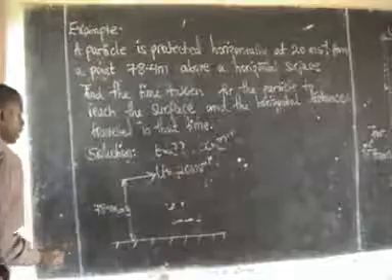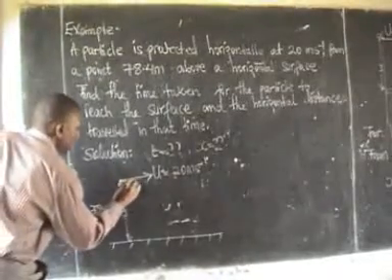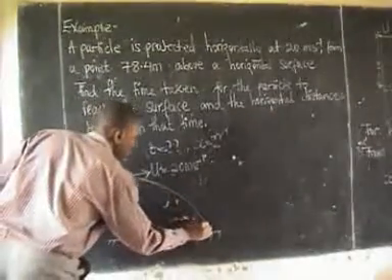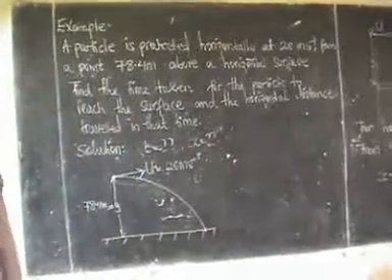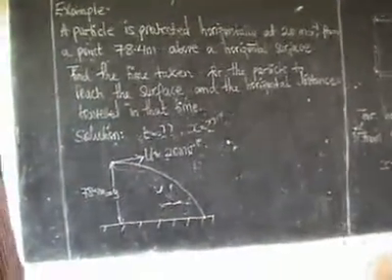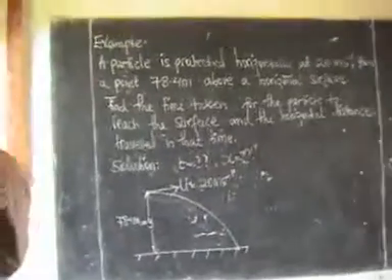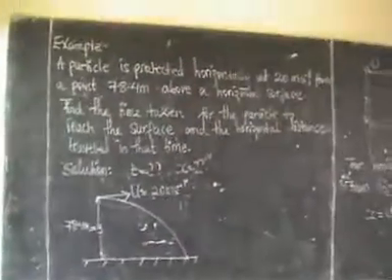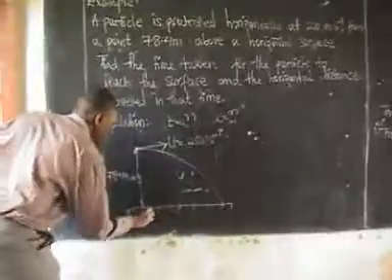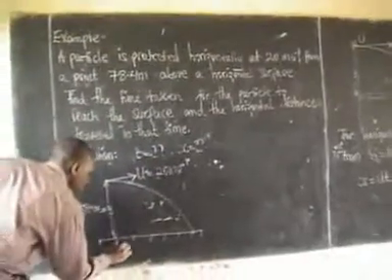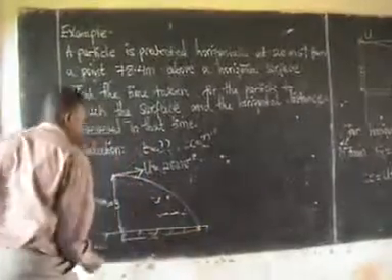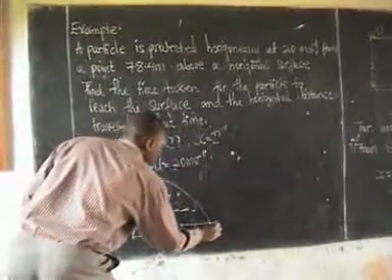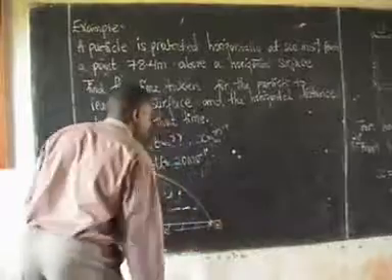This particle will describe a parabolic path, and it will hit the horizontal surface at that point. So they want us to find the time taken and the horizontal displacement. We're going to find this distance here, which is x, and also the time taken, which I'll call t.